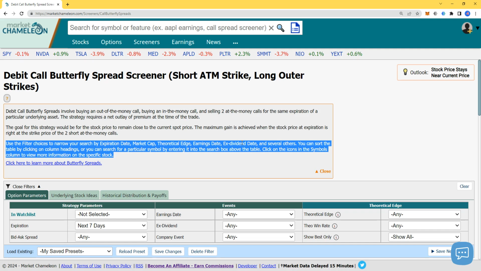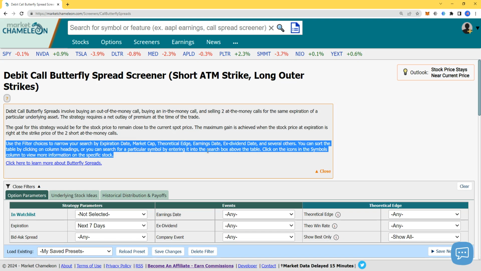So this whole butterfly cost you $900 minus the $400 that you just collected. Your total for the butterfly is 300 plus 600 is 900, minus 400, $500 debit.